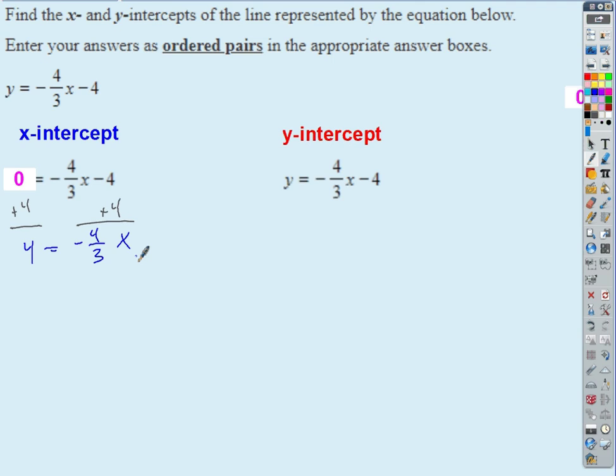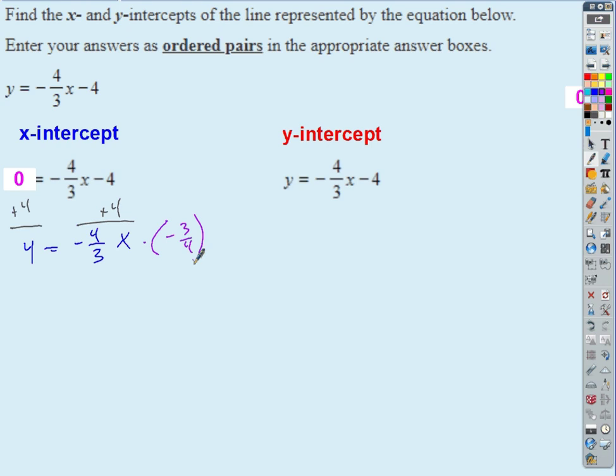Okay, so to get the x by itself, I would divide by negative 4/3. But instead of dividing by fractions, what do we always do instead? It's a lot easier. Multiply by the reciprocal. There we go. So let's take this equation and multiply each side through by negative 3/4.